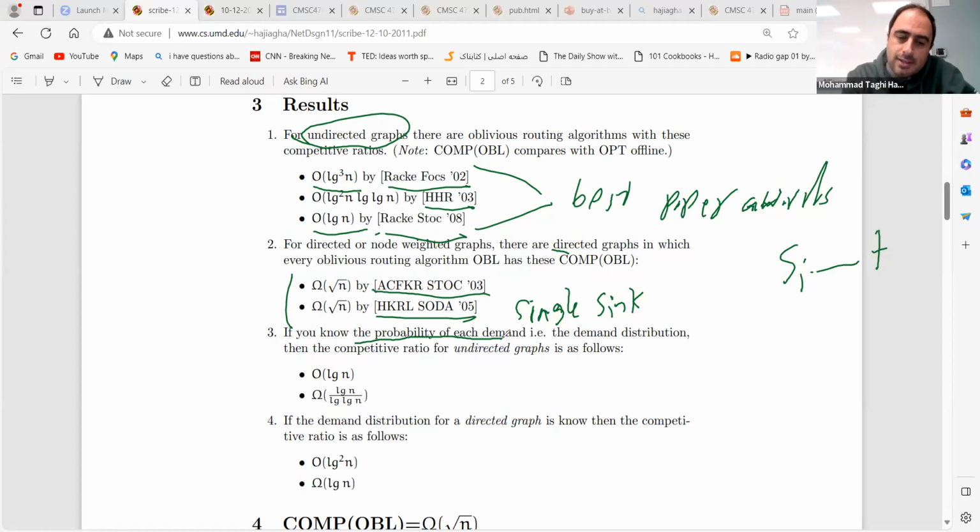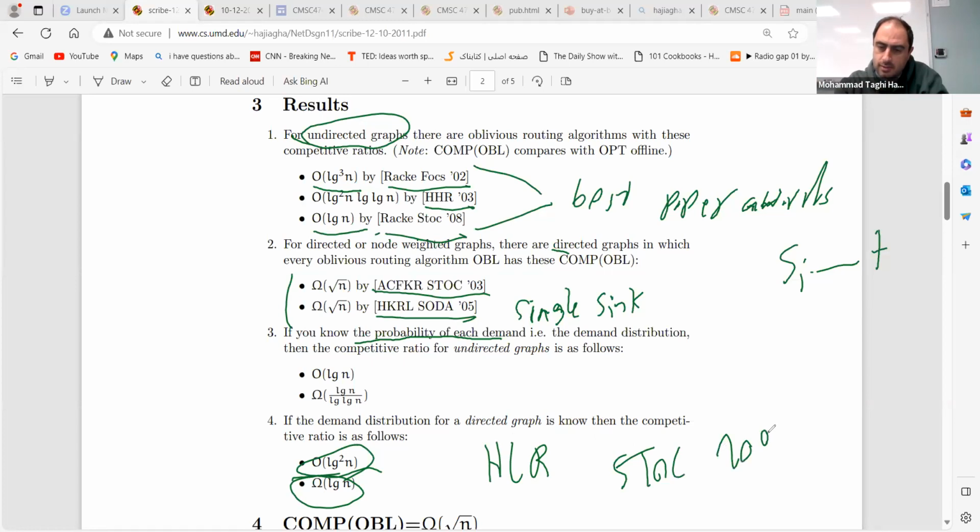Then actually for directed graphs, we could get log n to the 2, and we could show that you cannot get better than log n. This was a STOC paper that I had with Hajiaghayi, Leighton, Räcke, and I think another coauthor, I think it was STOC 2005 or 2004.